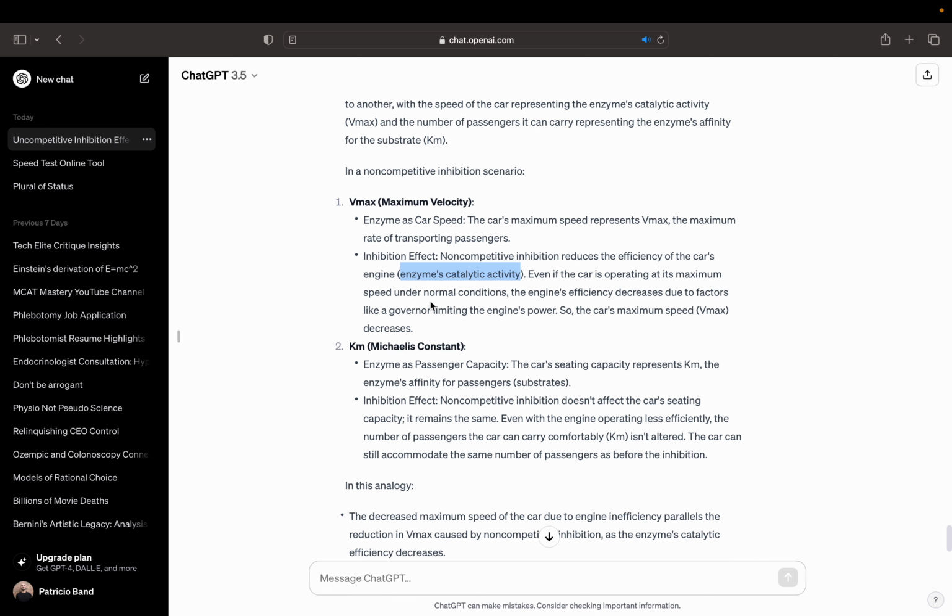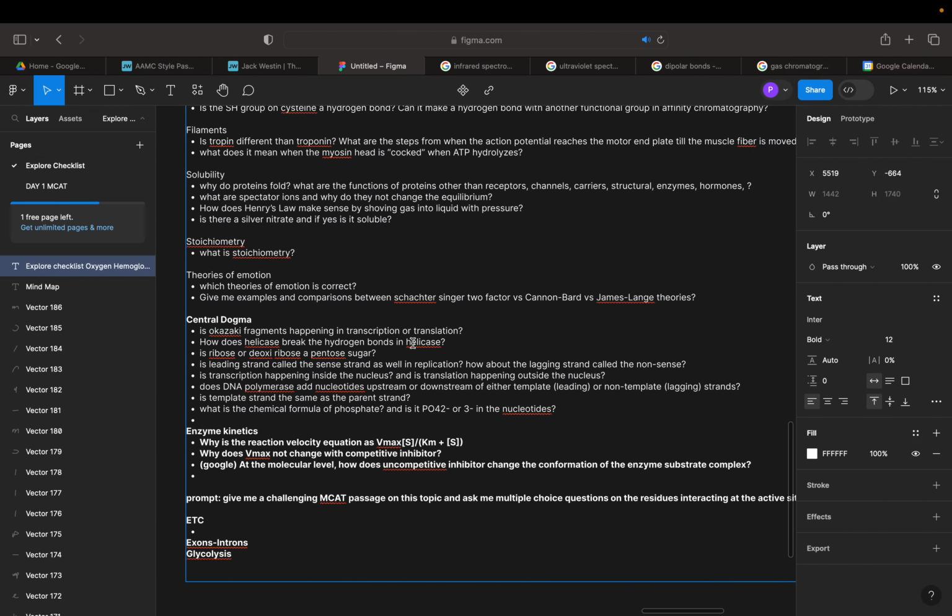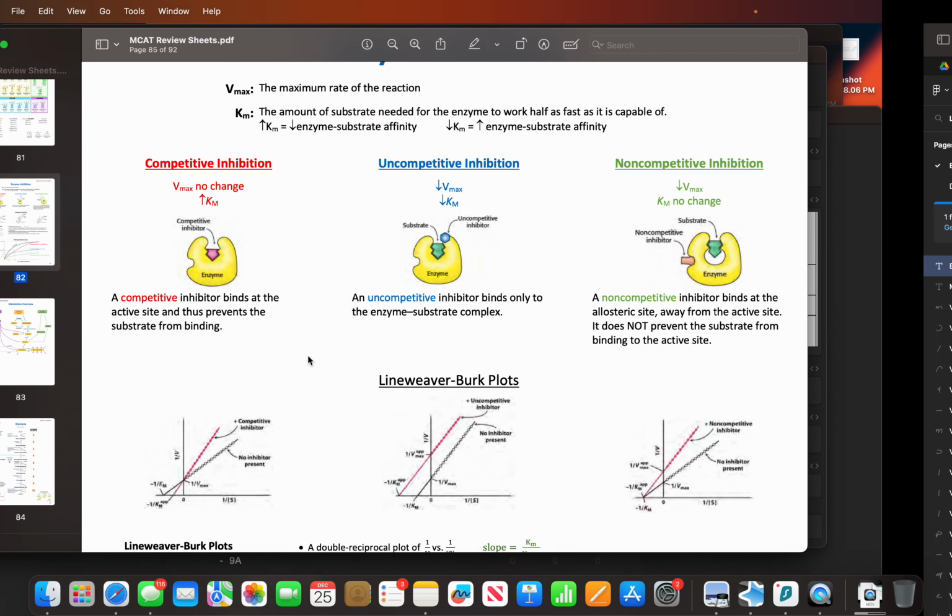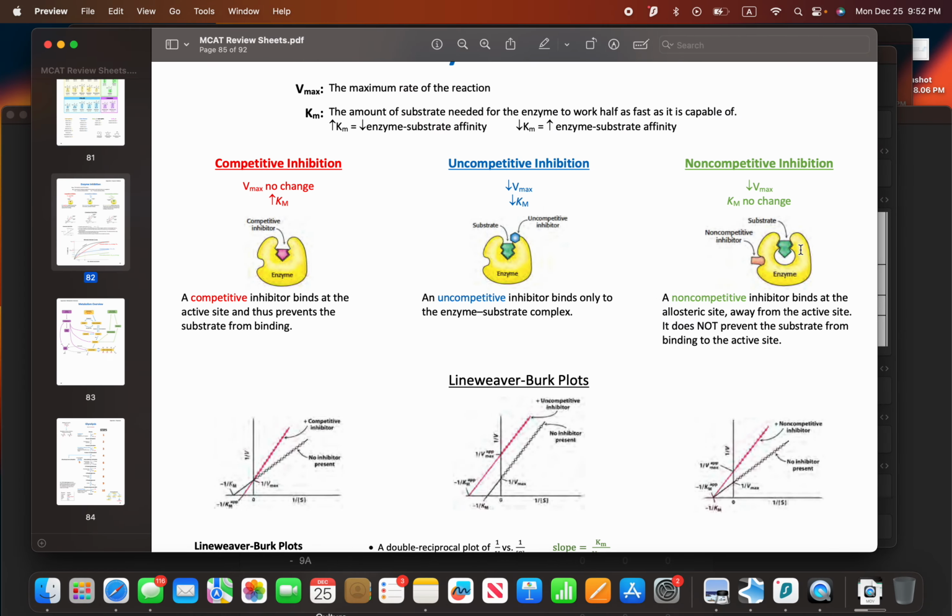But Km is the passenger capacity of the enzyme. So the passenger capacity of the enzyme now is not changed with non-competitive because you still have all these active sites for the substrates to sit in, right? In the competitive, your spots are full, the seats are full.